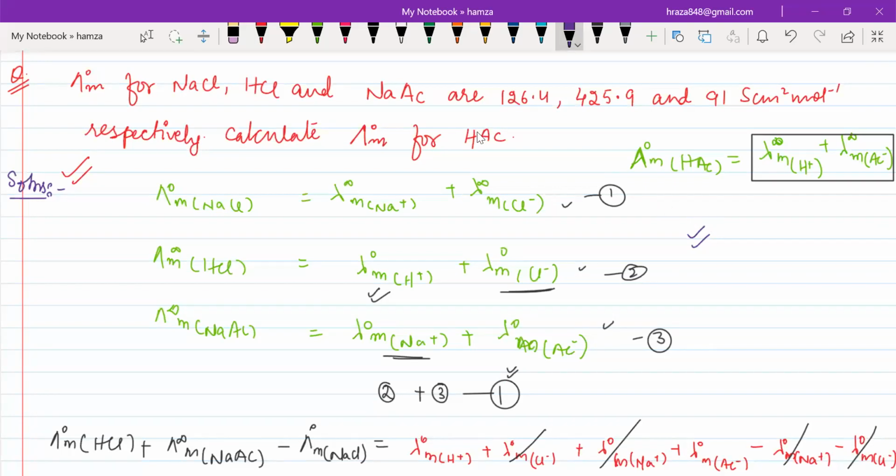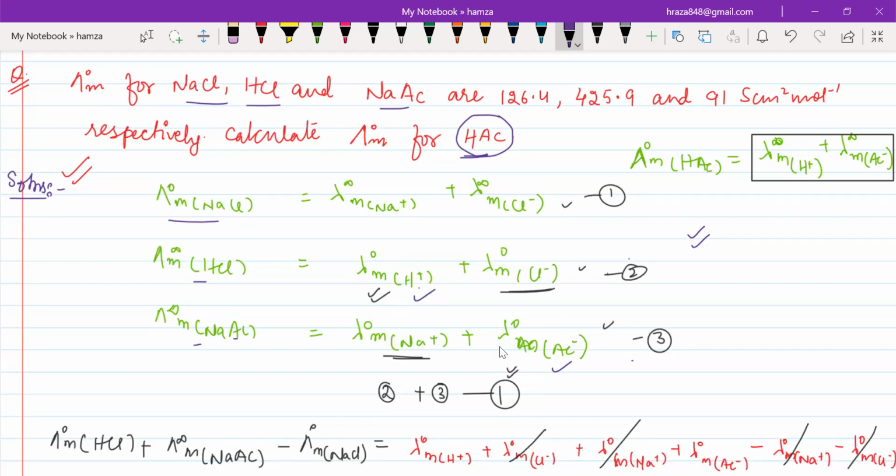What you need to do is find the value of molar conductivity of HAc. So you just need to dissociate this. I just dissociated it, HAc, H plus Ac minus. Just search for H plus Ac minus. This and this is here. So you need to add 2 plus 3.